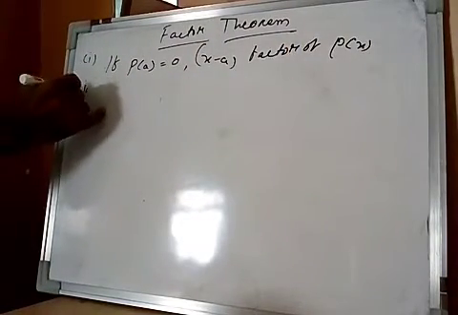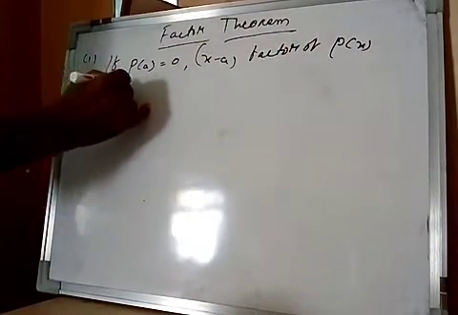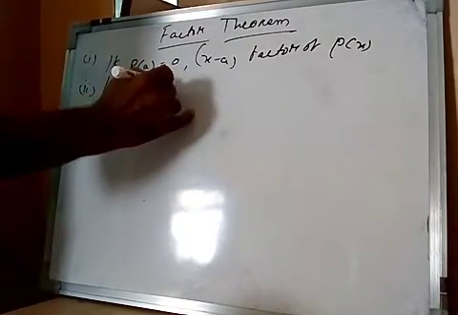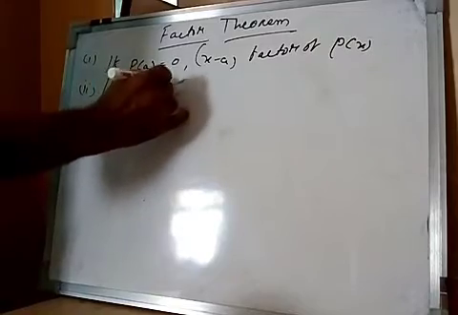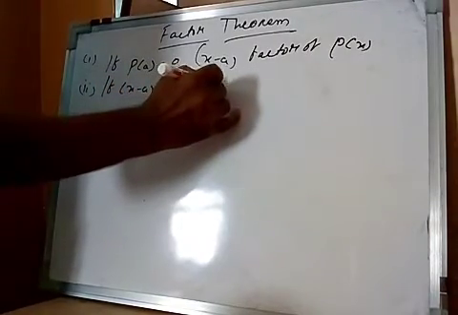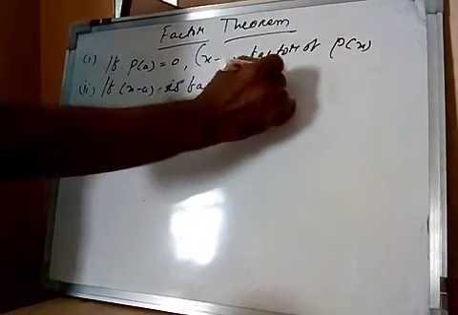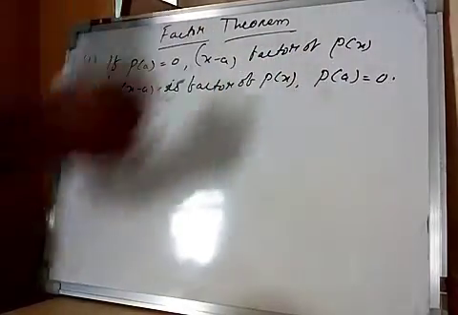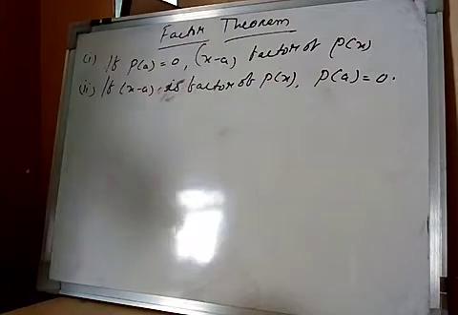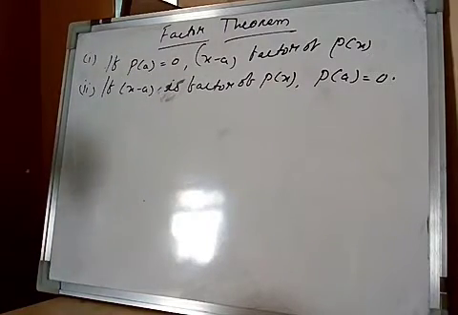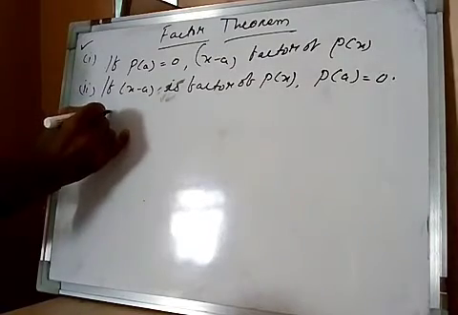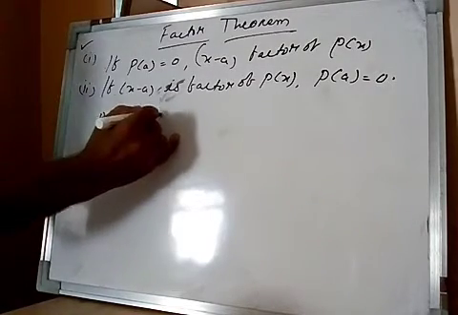Second one, if x minus a is a factor of px, then p of a will definitely be 0, right? So here I will first prove this one. Now it is given that p of a equals 0.